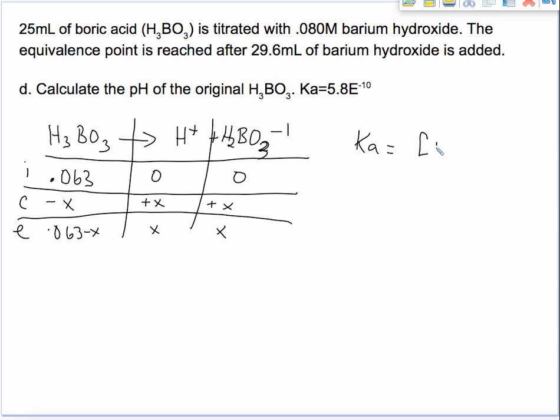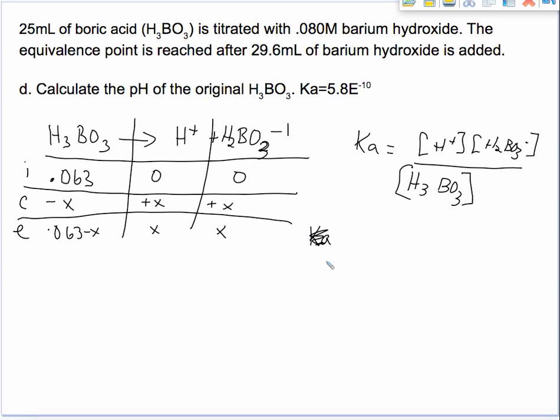Now, what we can do is write the Ka expression. Ka is going to equal H plus times H2BO3 minus 1, all over H3BO3. That's your expression. Now we're just going to plug in the numbers.